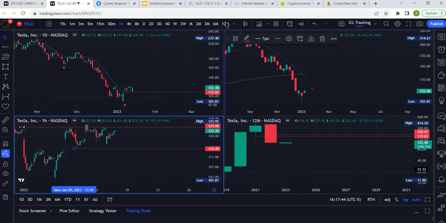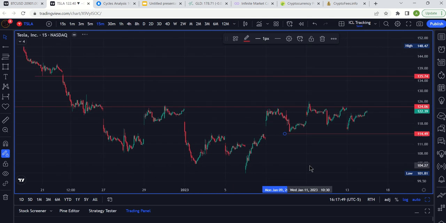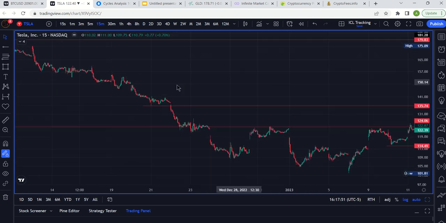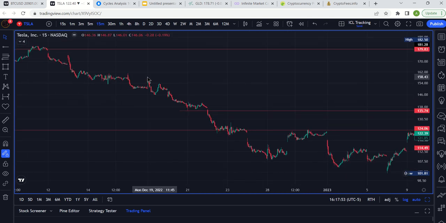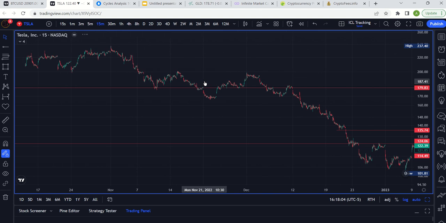Let's zoom into like the 15-minute chart actually. That might give us a kind of a clearer view. Right. So you kind of see a world where this downslope, right, could potentially be taken out relatively quickly.